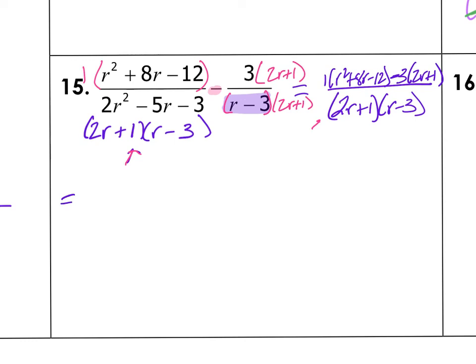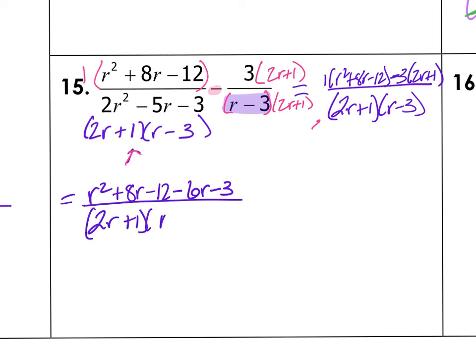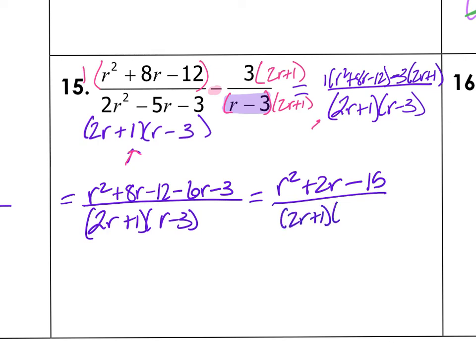So I get r squared plus 8r minus 12 minus 6r minus 3 all over 2r plus 1 times r minus 3. So I get r squared plus 2r minus 15 all over 2r plus 1 and r minus 3.